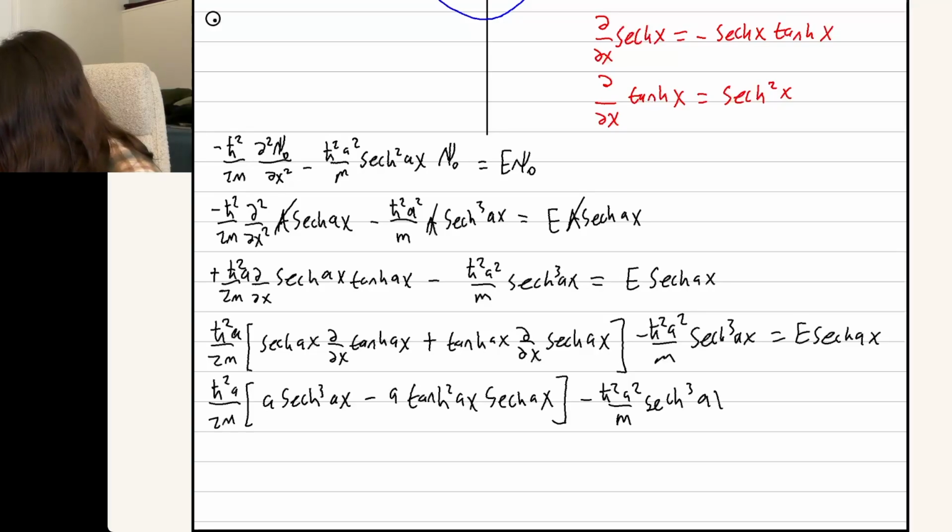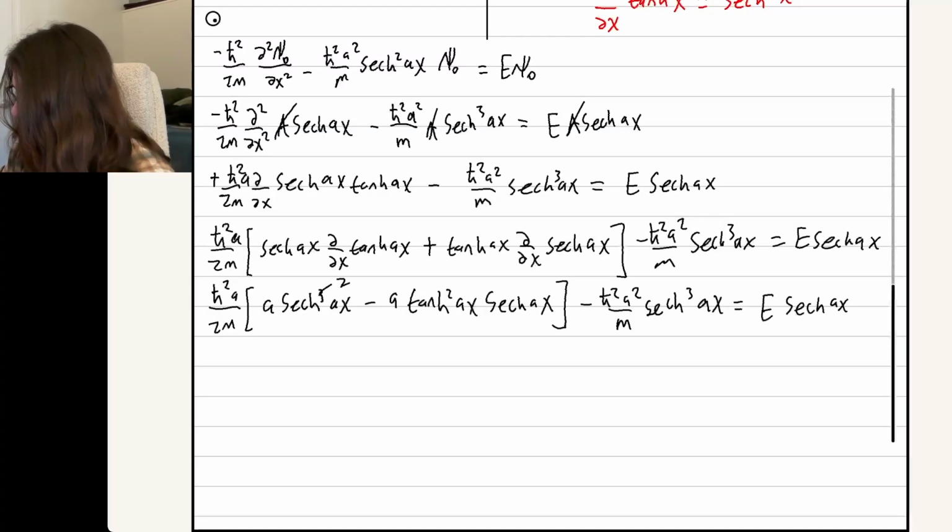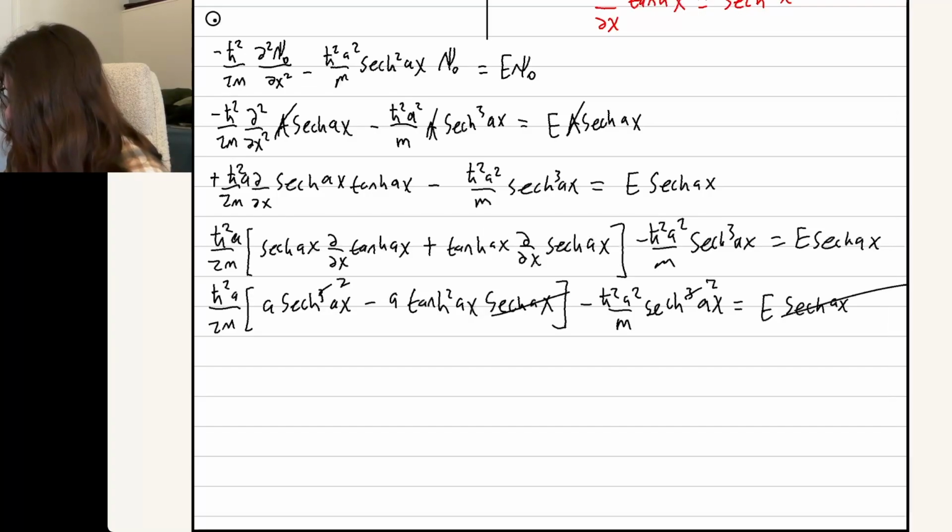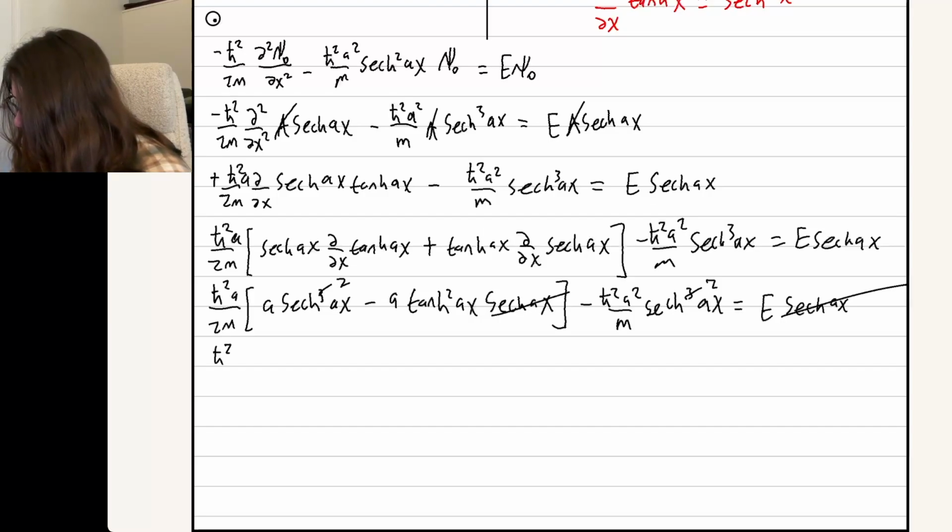So it looks like now everything in the equation has a sech function attached to it, so we'll cancel a bunch of sech functions. And then also move this potential term into the brackets by multiplying it by 2.